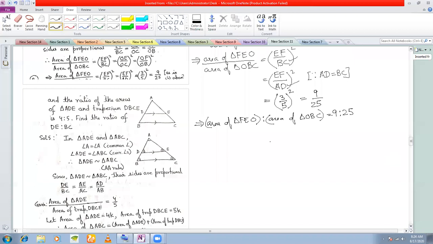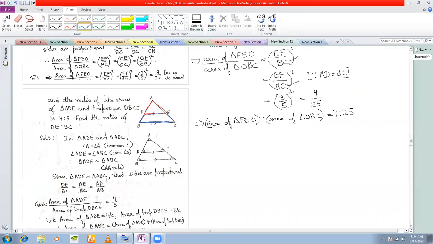Now in this figure, it is given that the ratio of the areas of triangle ADE and the area of the trapezium DBC, this trapezium, is given to be 4 is to 5.